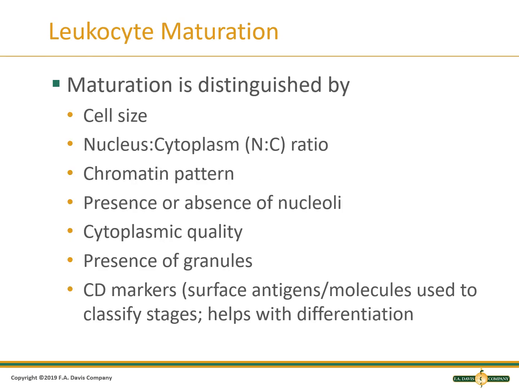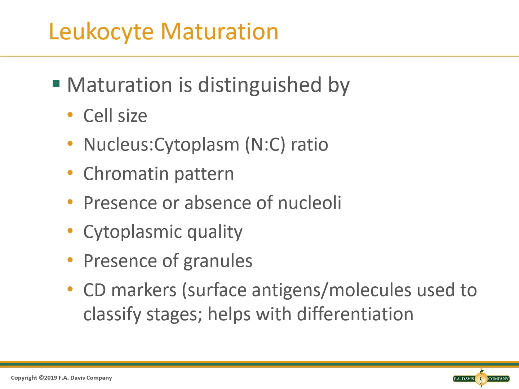So when it comes to leukocyte maturation, your job as a tech is to evaluate various aspects of the cell to determine the actual age of the cell, the maturation of the cell. So one of the first things you look at is the cell size.